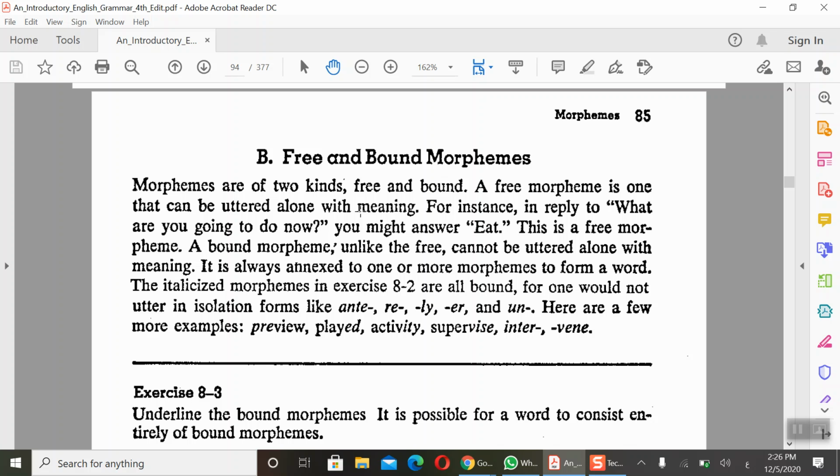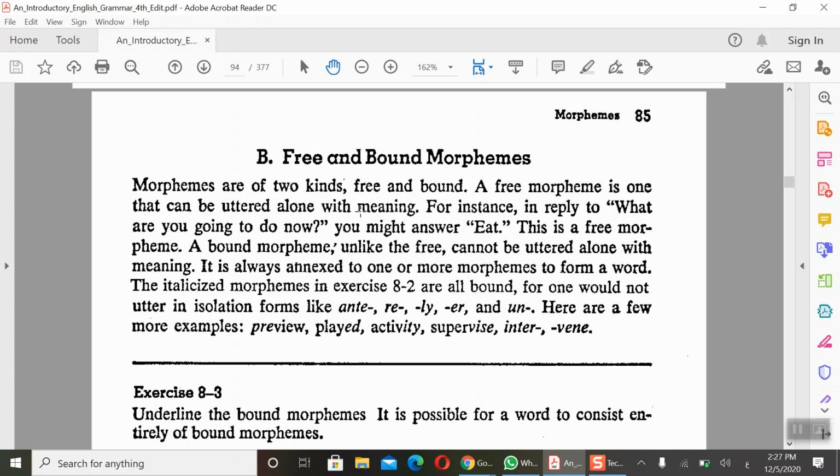A free morpheme, this is the definition, is one, it means here one, not the meaning one. It means what? It is a morpheme that can be uttered alone with meaning, or is a word. Okay? So a free morpheme is one that can be uttered alone with meaning.